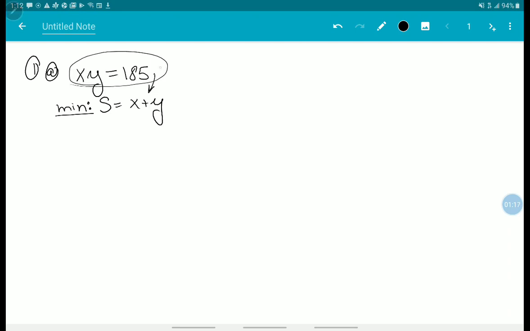If we solve this equation for either x or y, and it doesn't matter which one, I'm going to solve it for y. I can do that by dividing both sides by x. So we can substitute into the sum equation. Now our sum is equal to x plus 185 over x. And we can rewrite that.